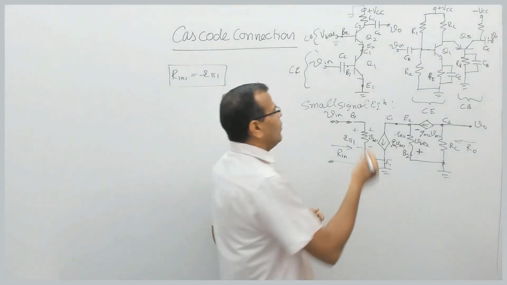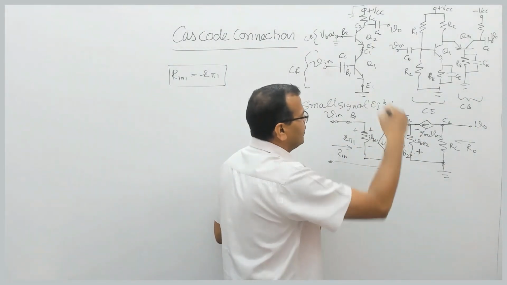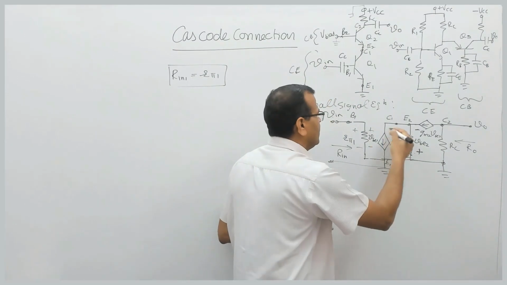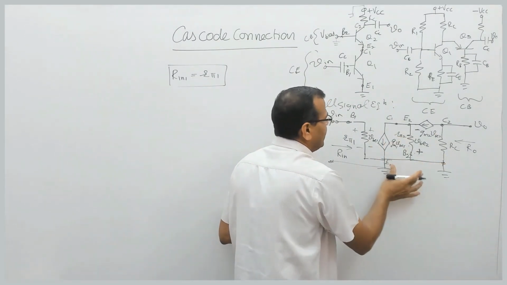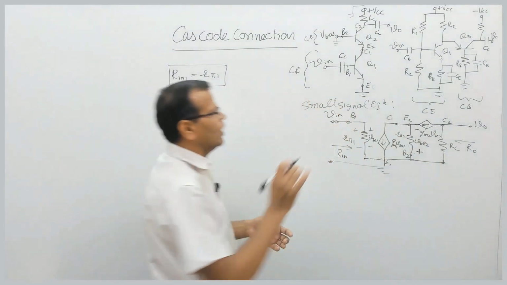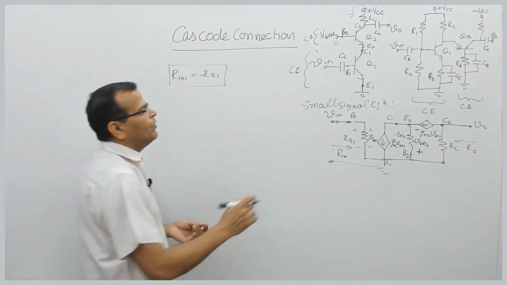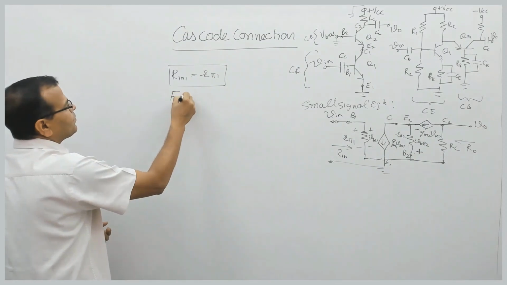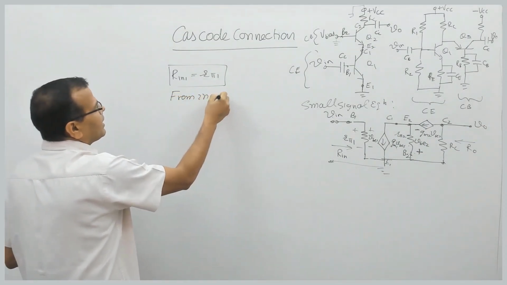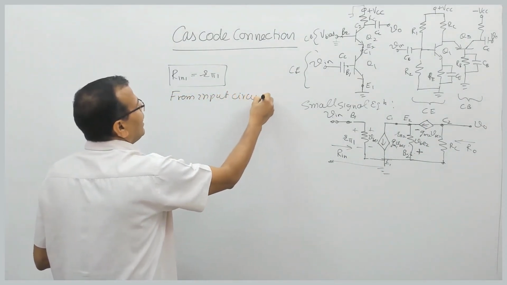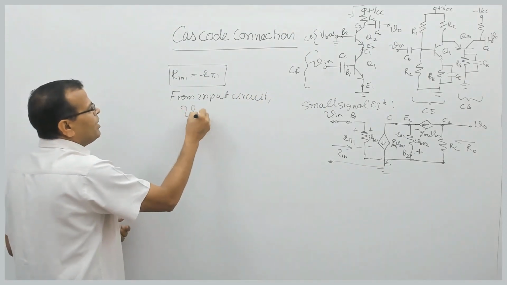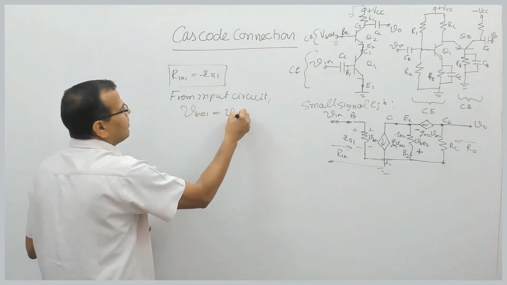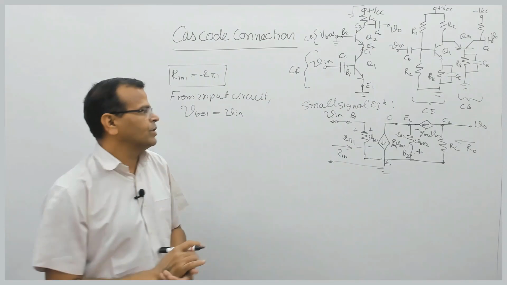We will be taking a single ground. So from the input circuit, what do we have? We have VBE1 is same as V in, input voltage, number one.